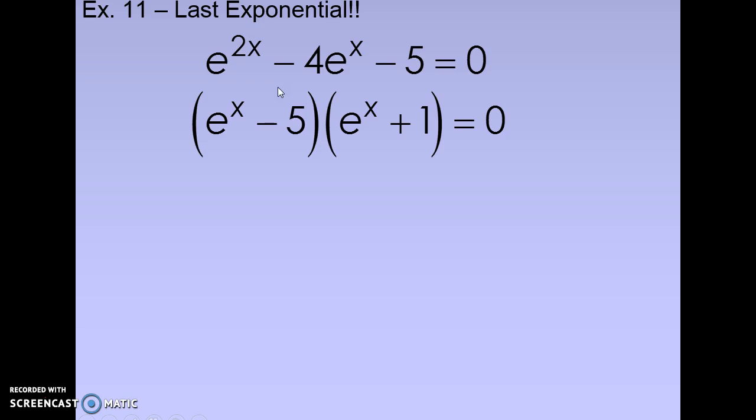Well, 5 minus 1 gives me 4, but that's positive. I need to get a negative 4. So now I can say negative 5 plus 1 gives me negative 4. When I factor this out, I have e to the x minus 5 and e to the x plus 1 equals 0. Now, if you needed time to think about this, ask the teacher to hit pause.